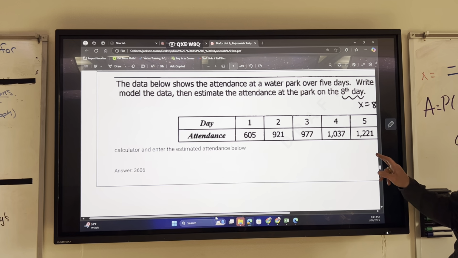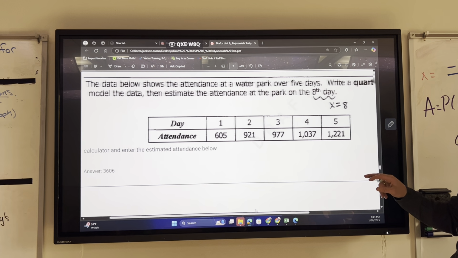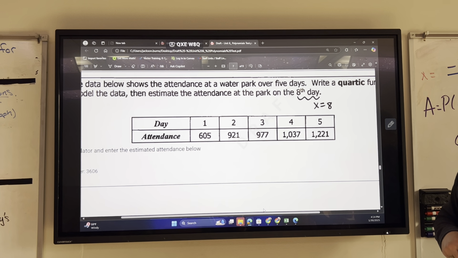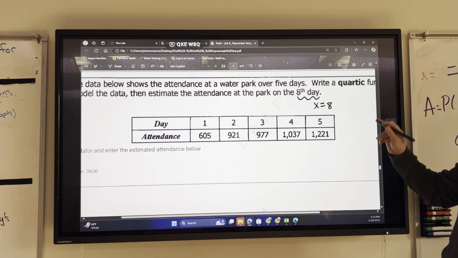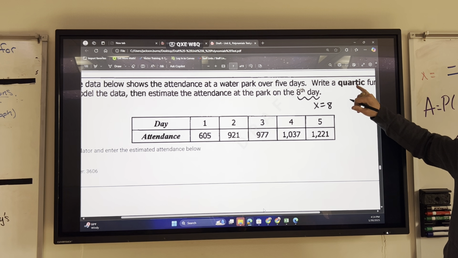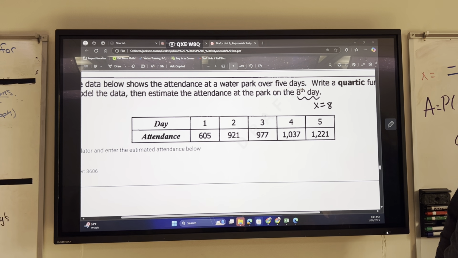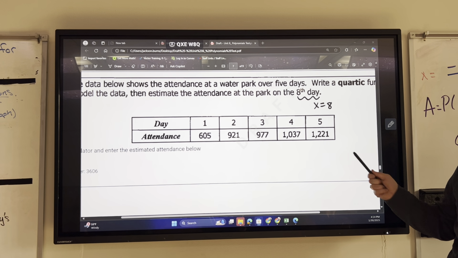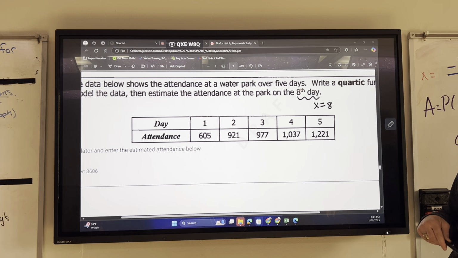All right, this one, you need to put in the calculator. This is from your review. What you do, it's the same way you do it with everything, except now you're going to pick the type of equation and you want to do a quartic. So you're going to do a quartic equation and you're going to give me an estimate of the attendance. I will help you get this one started tomorrow during the test.